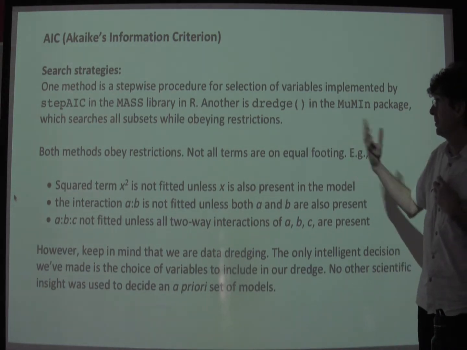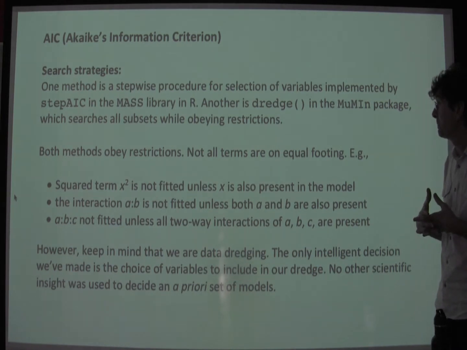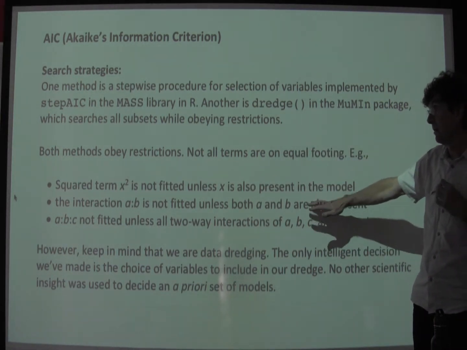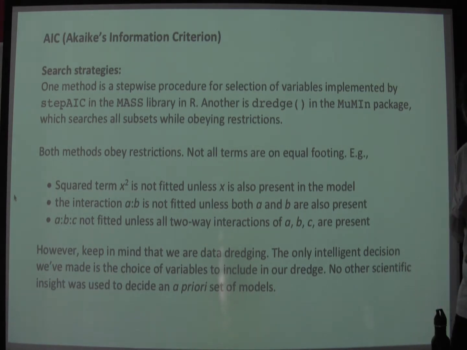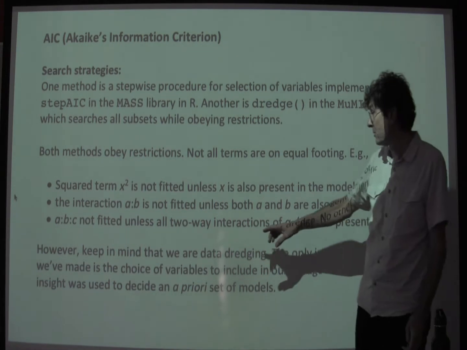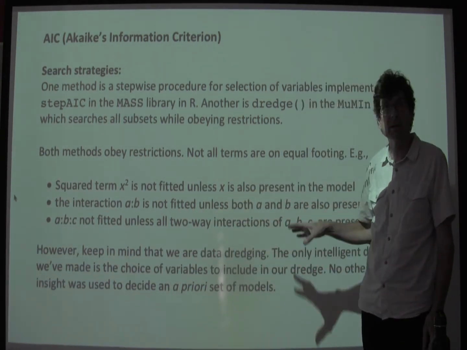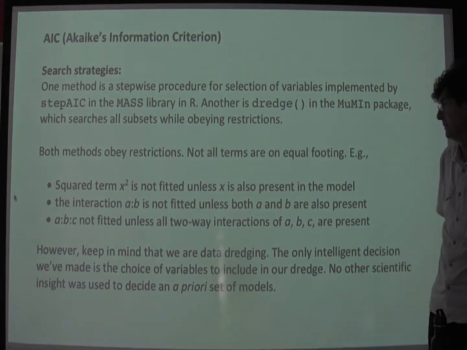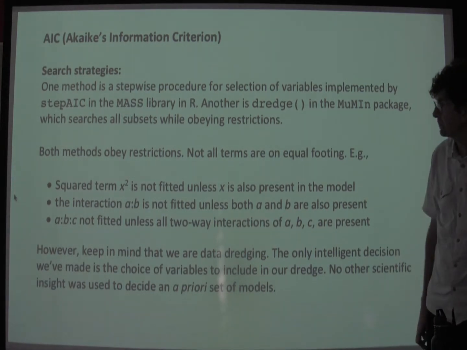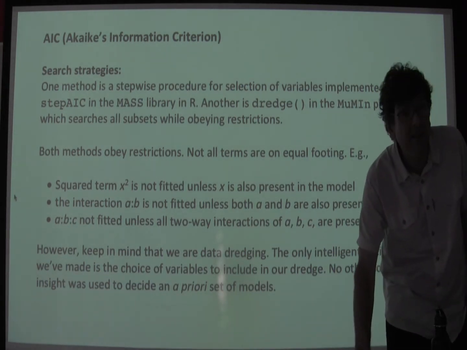They both do fairly exhaustive searches, but both obey the restrictions that squared terms aren't fitted unless the unsquared term is also in the model. Two-way interactions aren't fitted unless both the main effects are also present, and so on. So it's exhaustive, but it's also intelligent. But we're still data dredging.